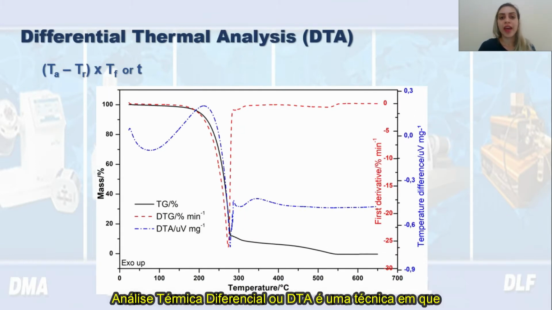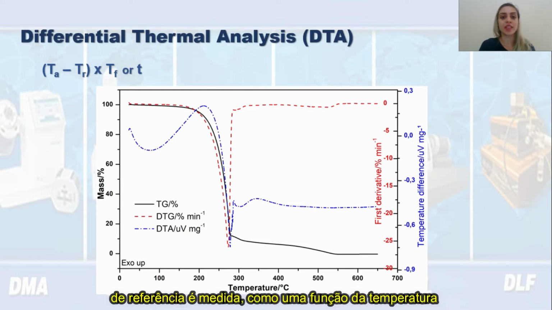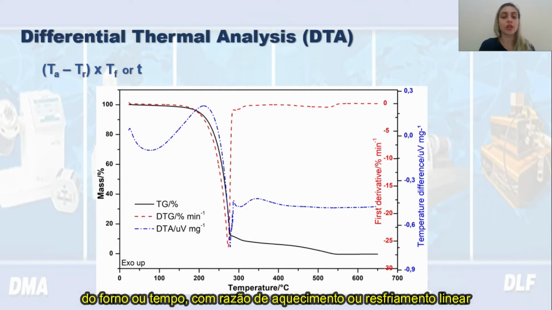Differential thermoanalysis, or DTA, is a technique in which the temperature difference between a sample and a reference material is measured as a function of the oven temperature or time, with the heating or cooling rate having to be linear.